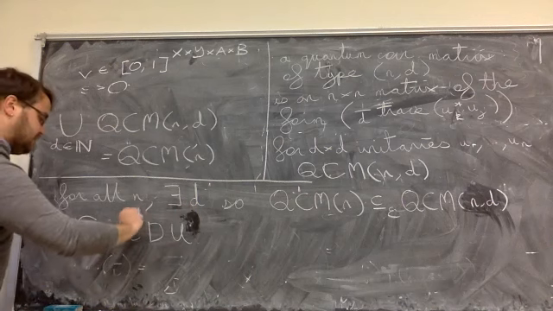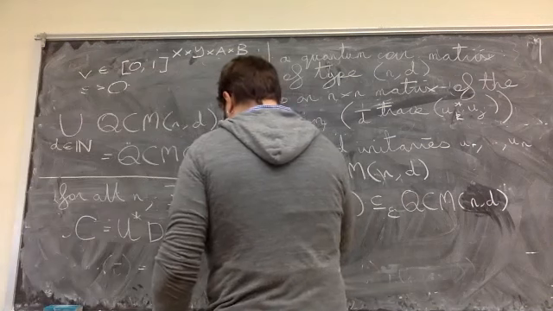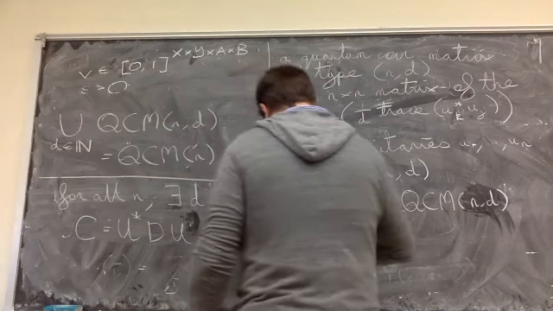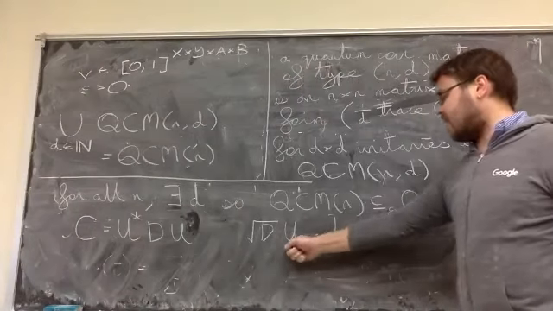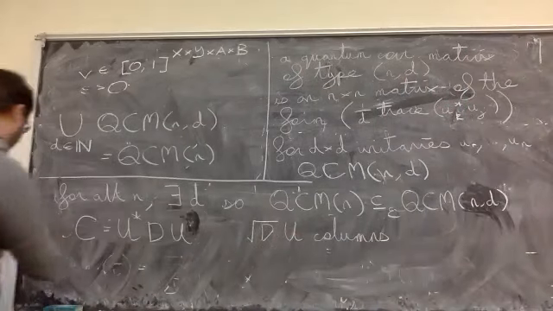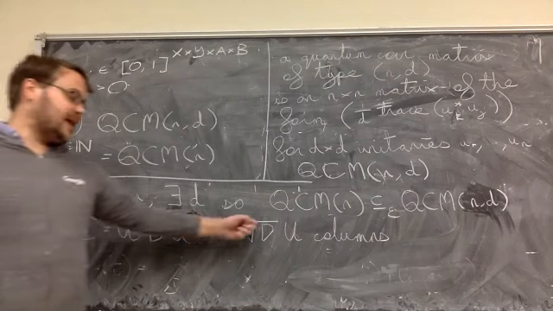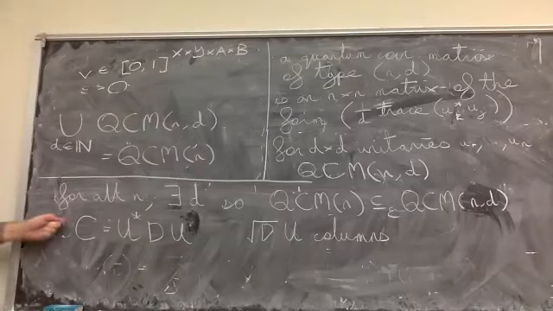So then I can look at square root D times U. So I look at the columns of square root D U, and if this is an n by n correlation matrix, this is a list of n-dimensional vectors which exactly achieve this correlation matrix.